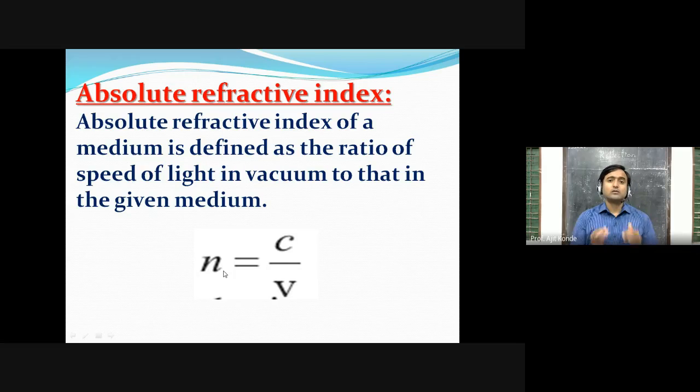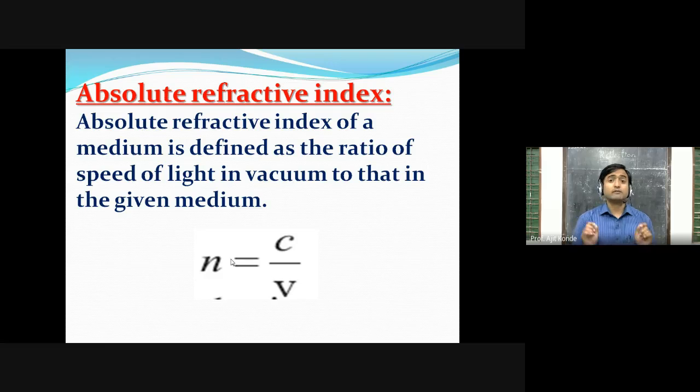If we find the refractive index of anything in comparison with air, that is called absolute refractive index. In terms of velocity, C is the velocity of light in vacuum and V is the velocity of light in that medium. Then n will be called the absolute refractive index.